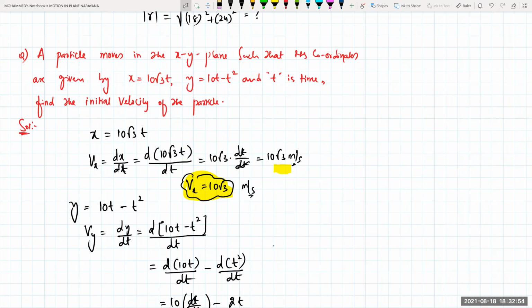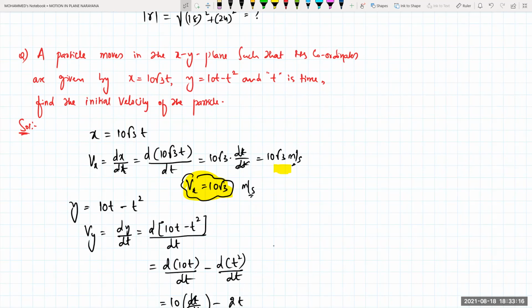The same way the y component is given. Take 10 outside. Then the derivative of t squared is 2t, because the power n will come. Again they'll get cancelled, because it's squared here.